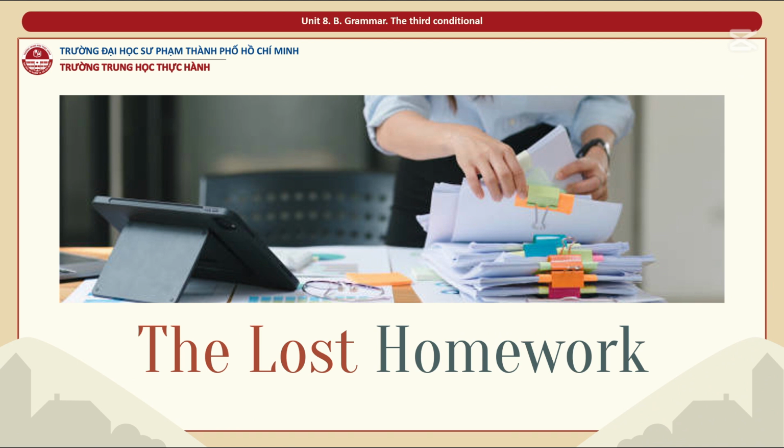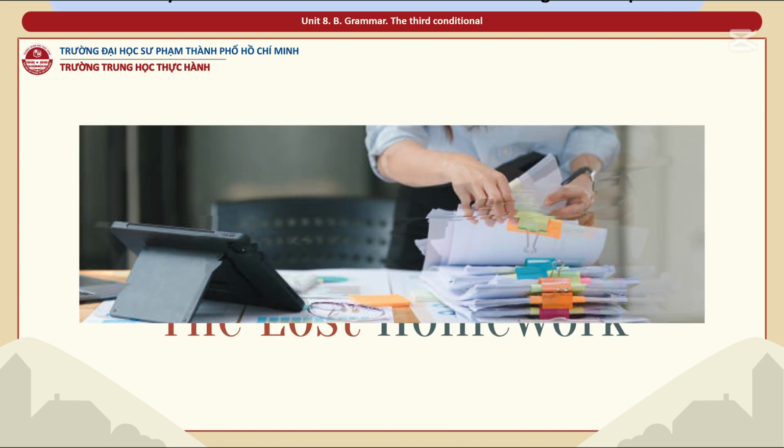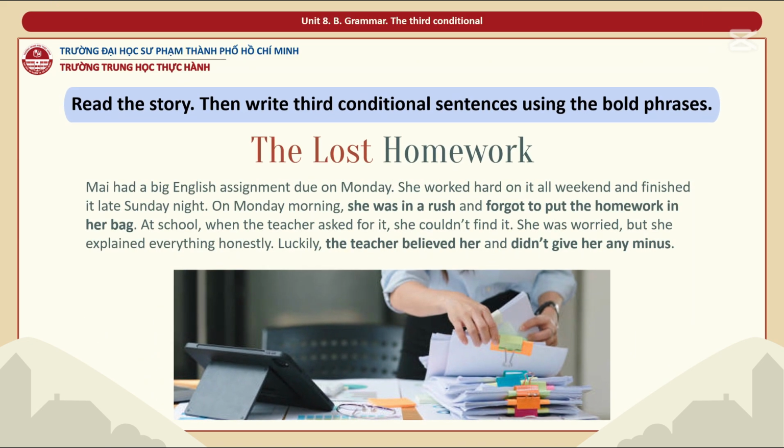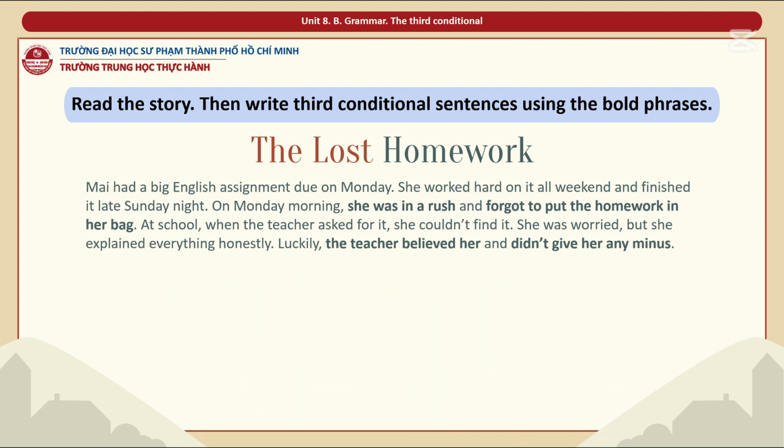It's time to test yourself with the story The Lost Homework. You're going to read the story and then write third conditional sentences using the bold phrases. Wow, that's it.